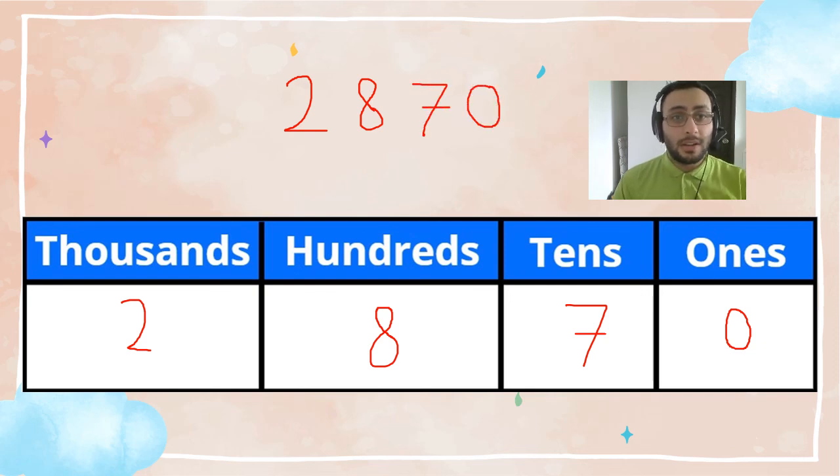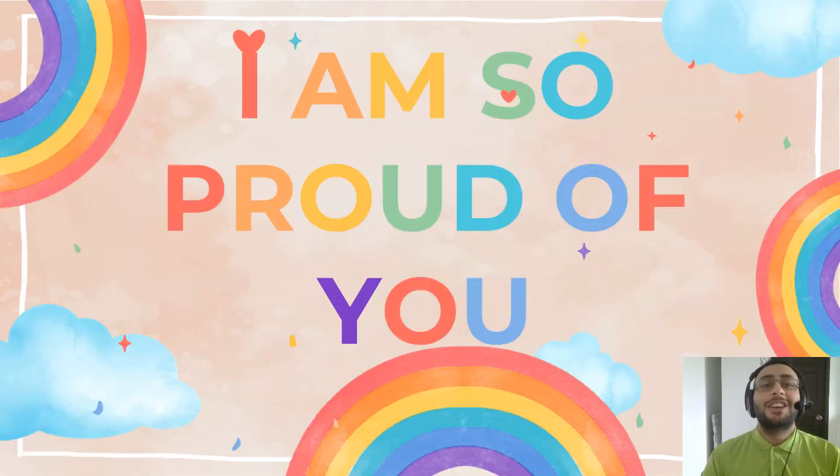And don't forget the comma. Okay. So let's read this number. 2,870. Yeah, because we don't have any ones, right? We have 0 here. So we just say 70. 2,870. Voila, easy.